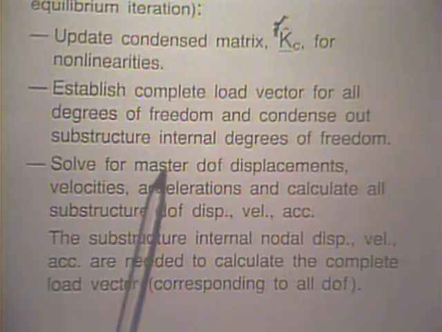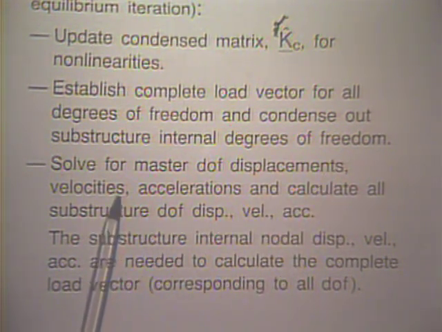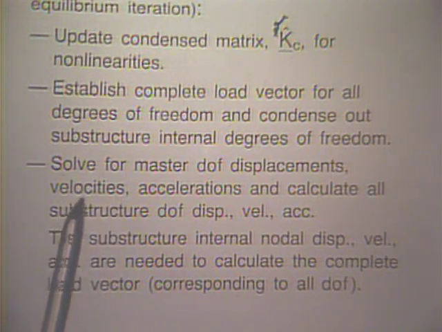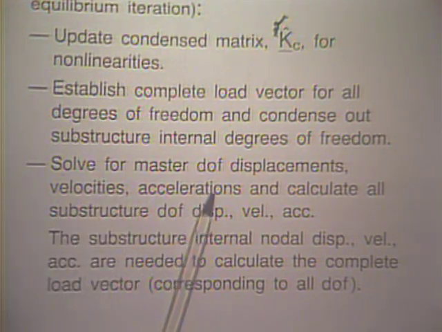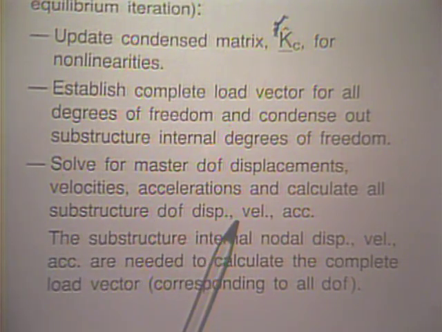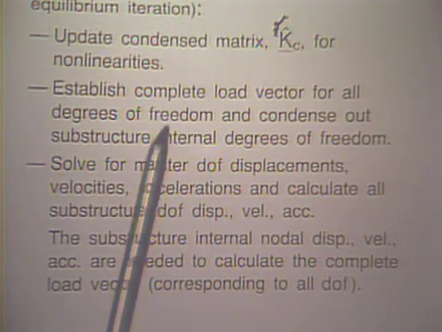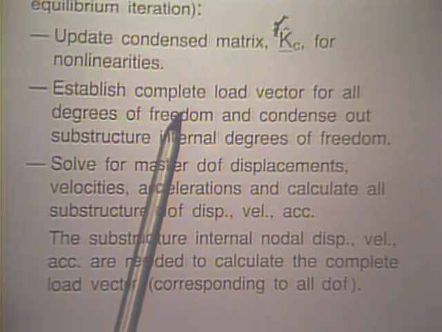We then solve for the master degrees of freedom using the small system size, the TK hat C, the velocities, accelerations, and calculate all substructure degrees of freedom, velocities, displacements, and accelerations. These are required to calculate the load vector corresponding to all degrees of freedom.